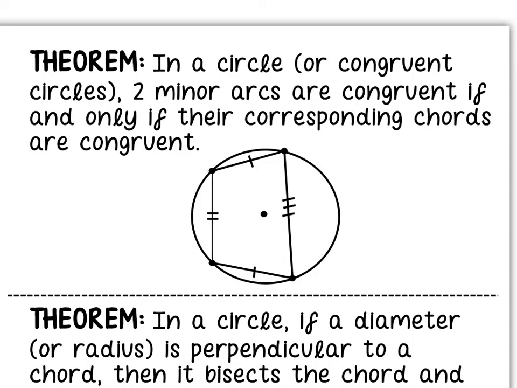These are the same things, just with pictures, so I'm going to mark up these pictures a little bit. So this one is that my minor arcs are congruent if and only if their corresponding chords are congruent. So these 2 arcs would be congruent to each other.